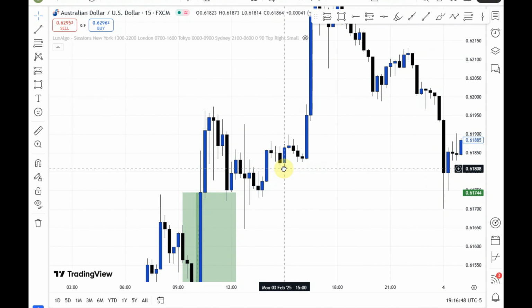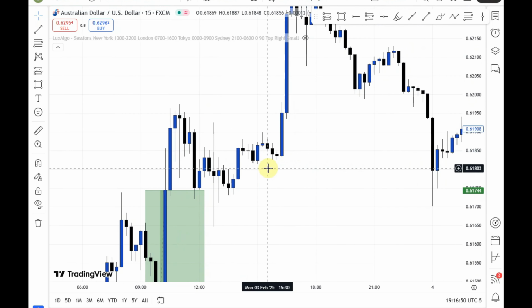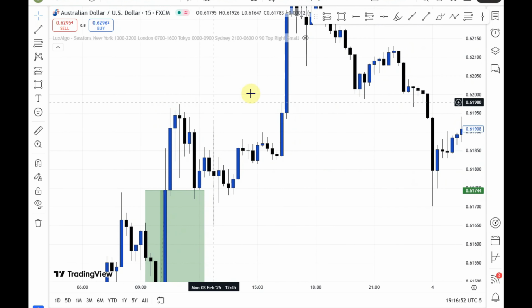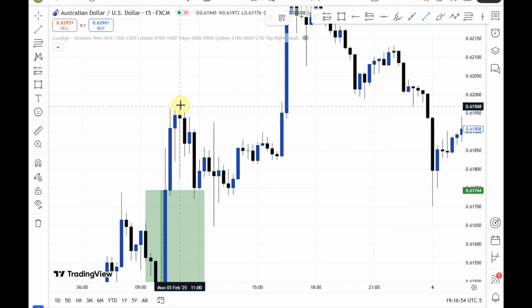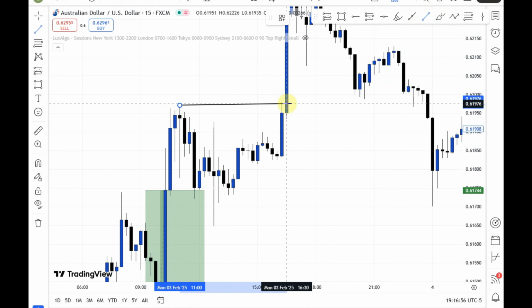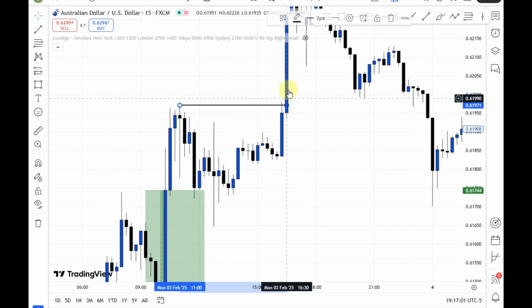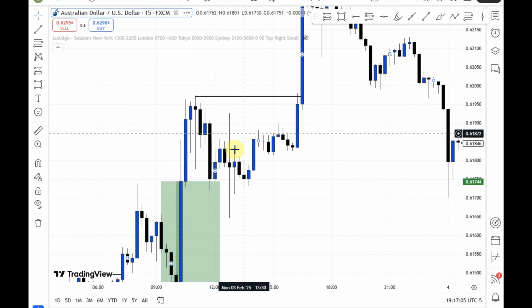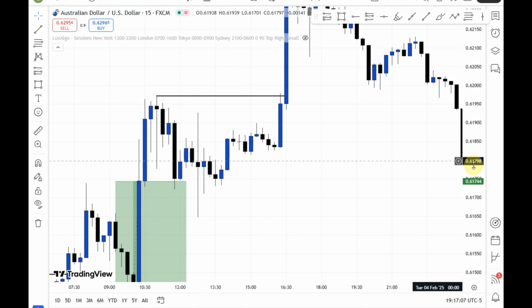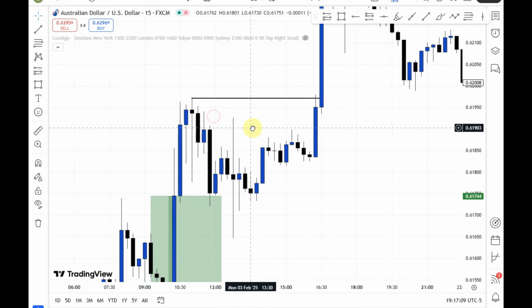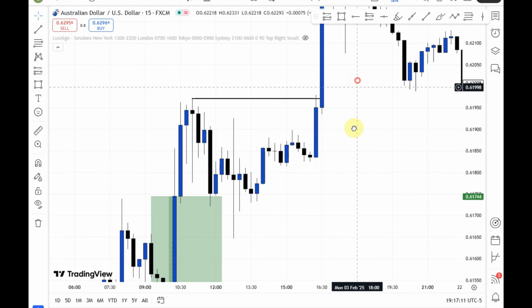Then there is this high. You can see that it was taken out as well. The body has to completely take out the high. It's only on the daily time frame that we can use the wick, but in small time frames we have to use the whole body. The whole body has to close above it.